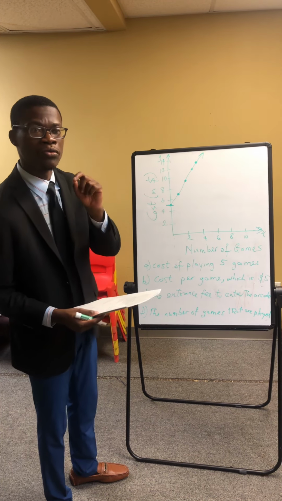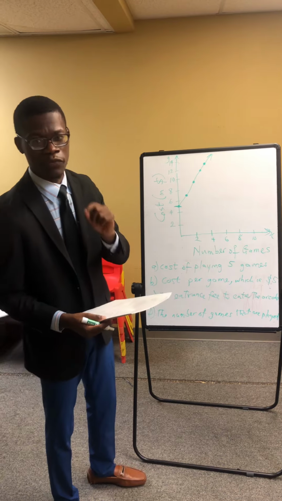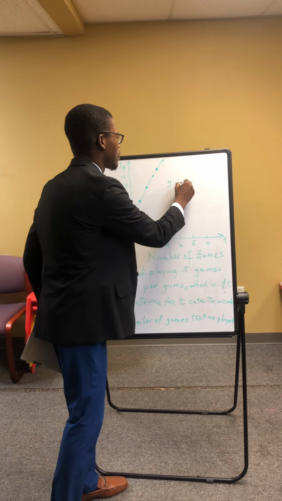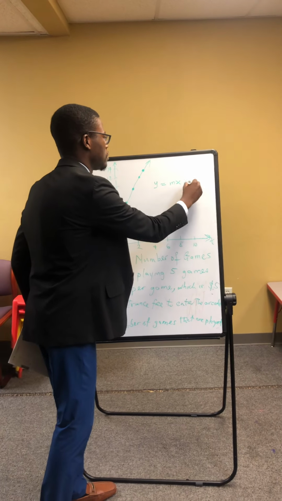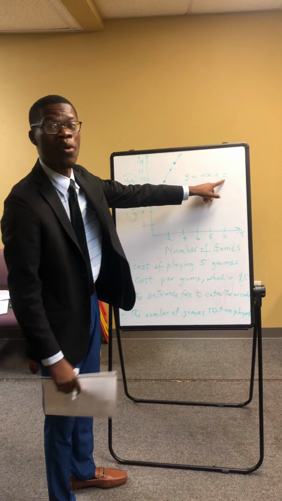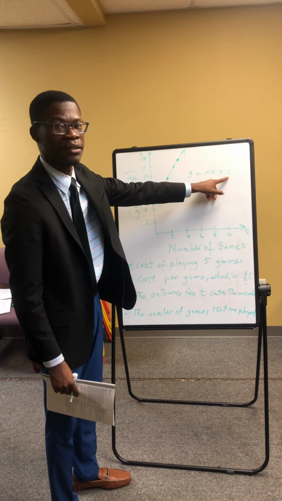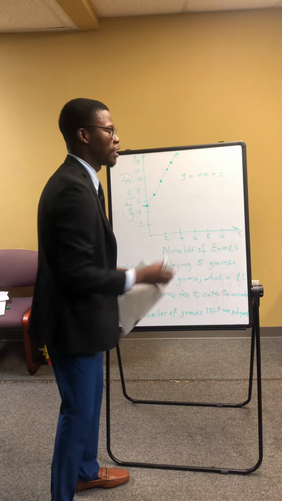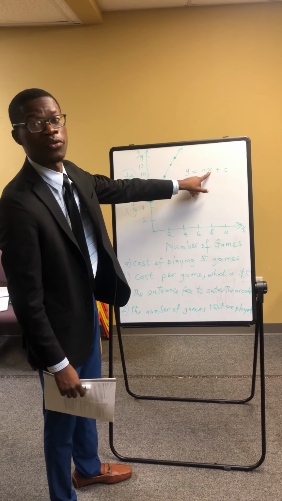Now, I will remind you of the equation of a straight line. The equation of a straight line is y equals mx plus c, where c represents the y-intercept. Okay? So now imagine you put x equals 0 here.